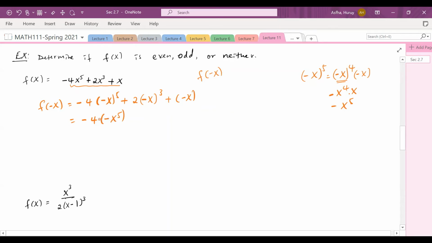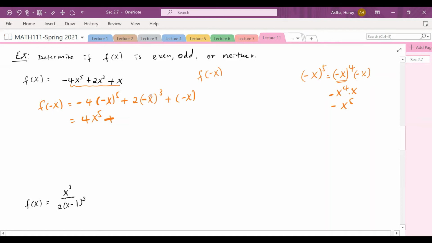Therefore, we have negative times negative. This becomes positive. I will write 4x to the power of 5 plus, with a similar idea, because when you look at the exponent, if there's an odd value, then the negative will still be negative.